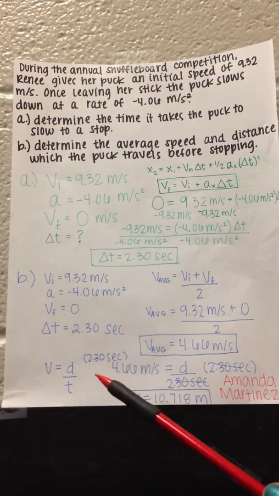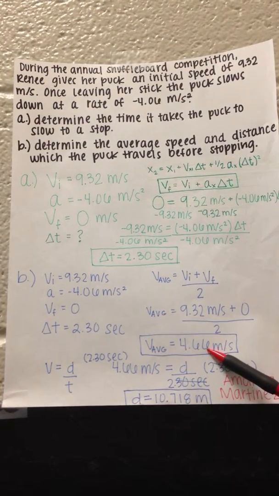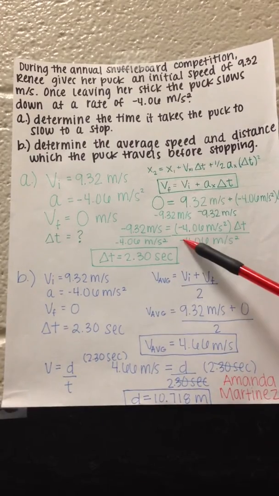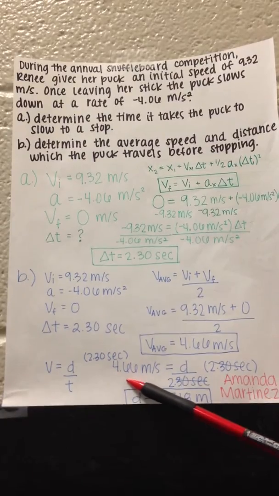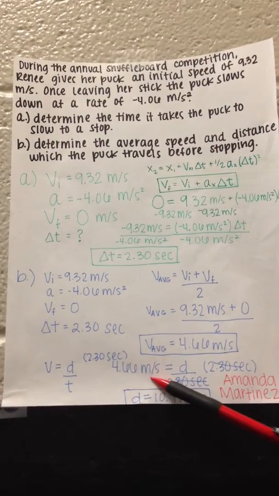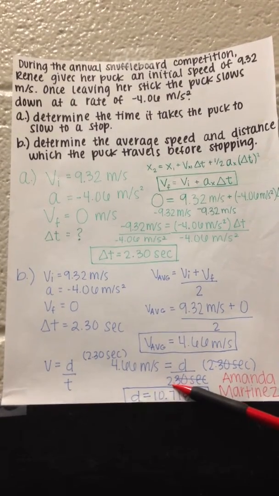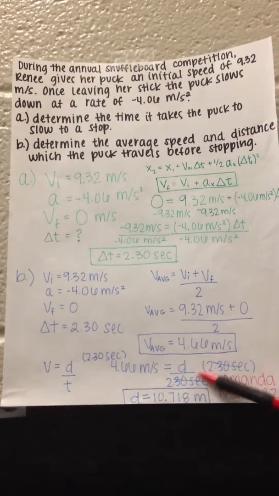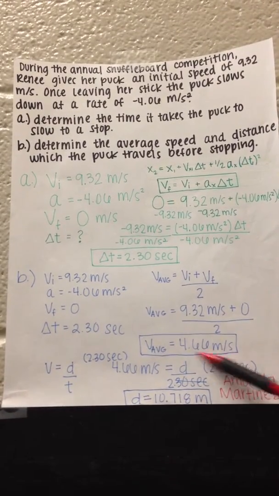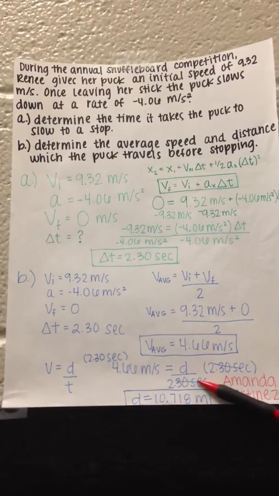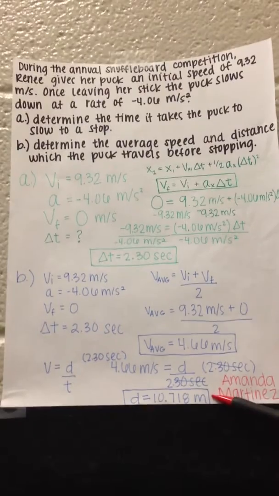And you calculated the velocity in the previous part of this question, and then you also calculated the time in part A. So this one, you just plug in your information, 4.66 meters per second for velocity and 2.30 seconds for time. And then you solve for D, which you just multiply 2.30 seconds to each side, which gives you that the distance traveled by the puck was 10.718 meters.